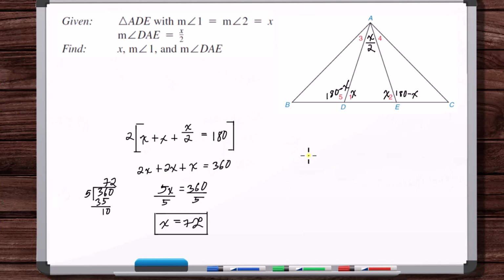And that's the measure of angle 1 as well, right? That's just x. Okay, now the measure of angle DAE is just x divided by 2. So 72 divided by 2 is 36. So the measure of angle DAE is 36 degrees.